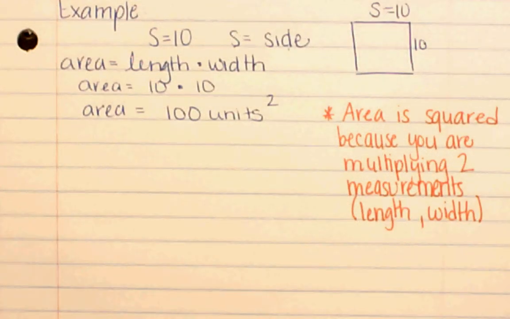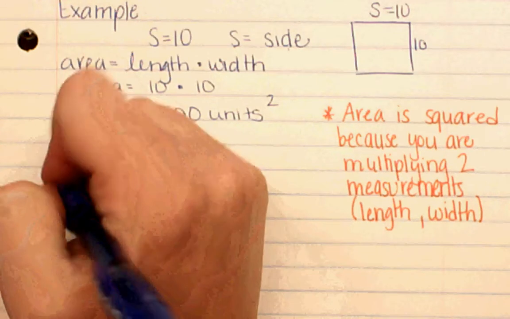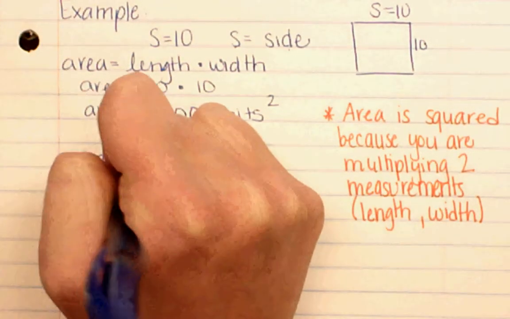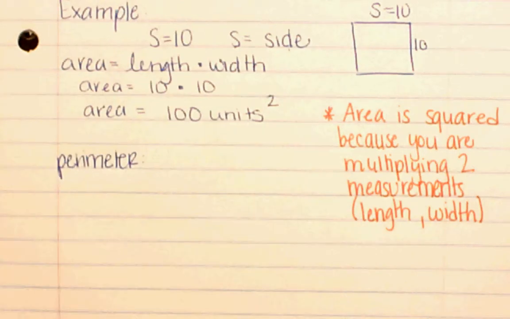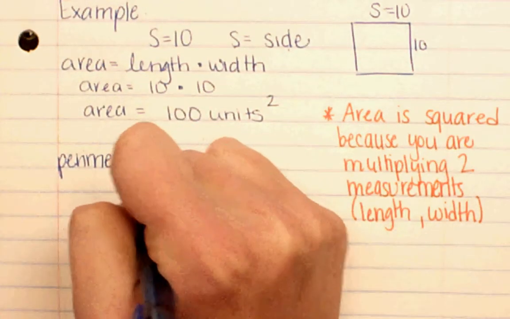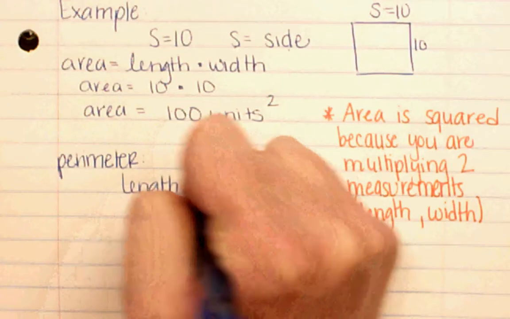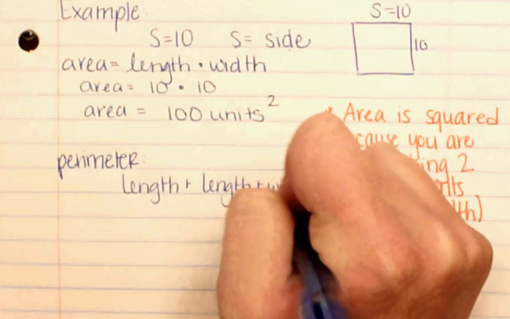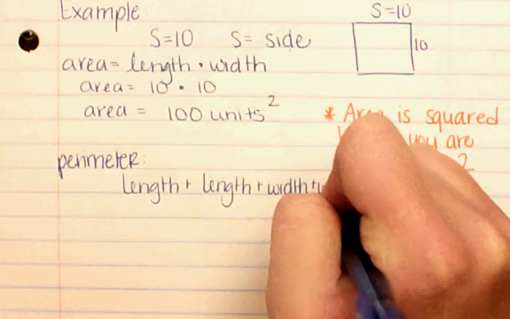Now if I want to find the perimeter of the same shape, I'm going to write the formula again for perimeter. Formula for perimeter is length plus length plus width plus width. Oop, I'm running out of room.